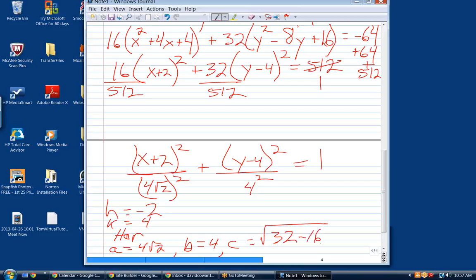Oh, whoops. Let's go back. So the C would equal 4 then. But that's impossible. Isn't it? No, it's not impossible. I just realized it's not impossible. I was thinking that would put the focus on the edge of the ellipse, but it's not going to.